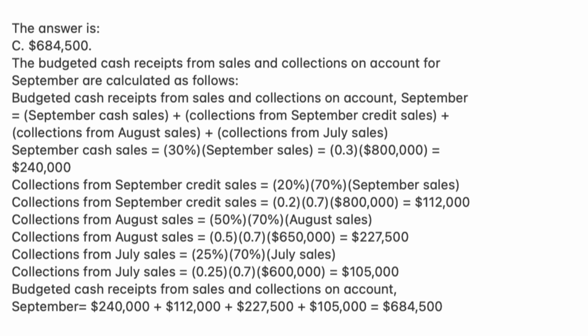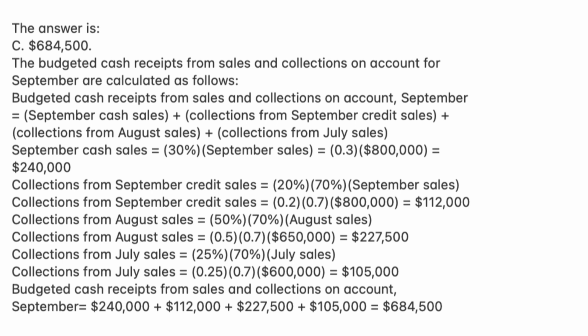September cash sales equals 30% of September sales, 0.3 times $800,000 equals $240,000. Collections from September credit sales equals 20% of 70% of September sales, 0.2 times 0.7 times $800,000 equals $112,000.